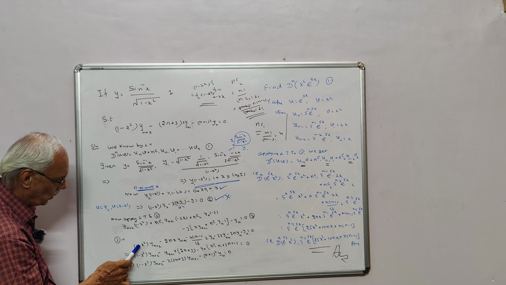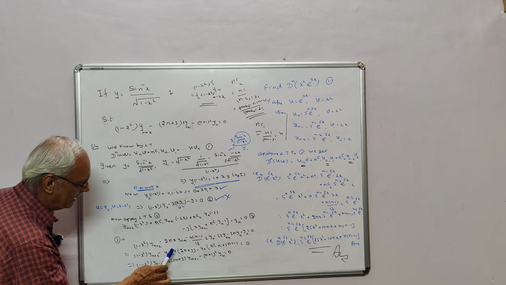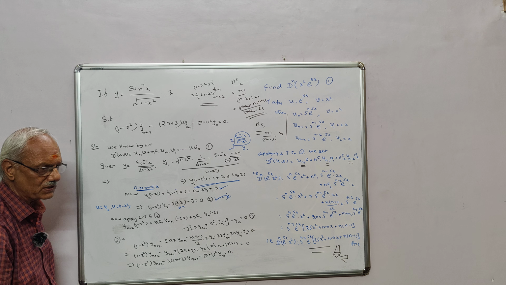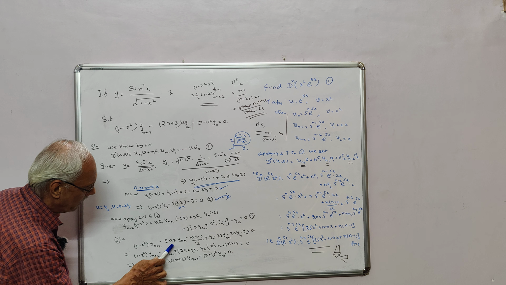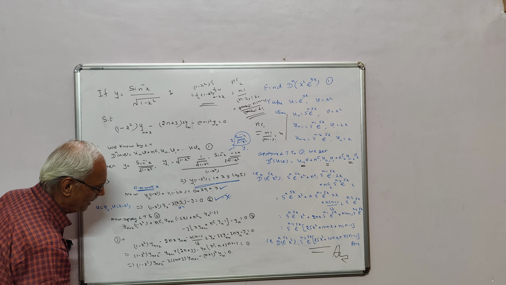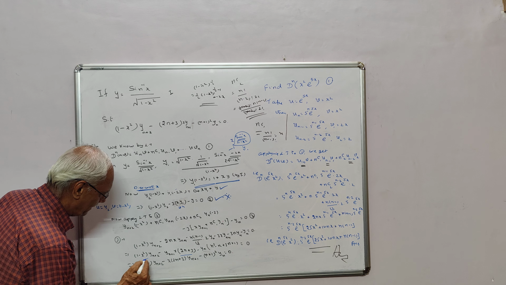What will you get? 1 minus x squared into yn plus 2 minus, you collect all the coefficients of yn plus 1. Take this x also outside, so you will get 2n, and here you have got 3x. So it is 2n plus 3. This is the coefficient of yn plus 1.